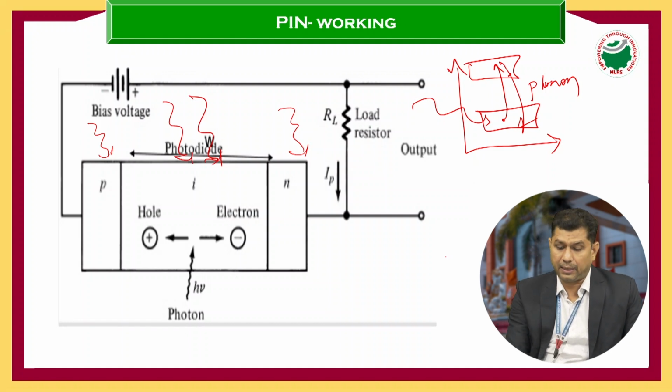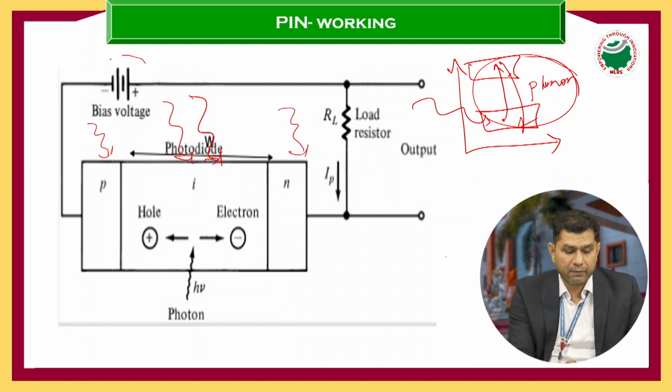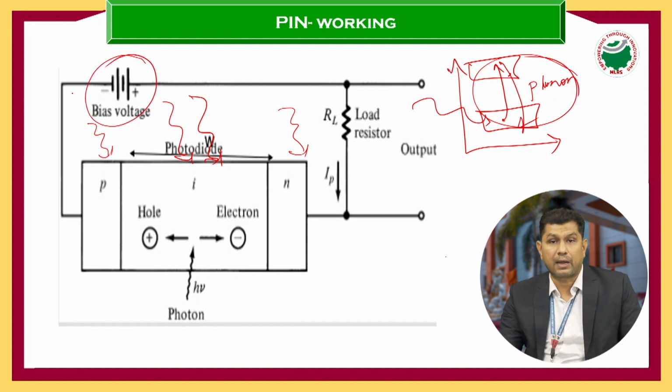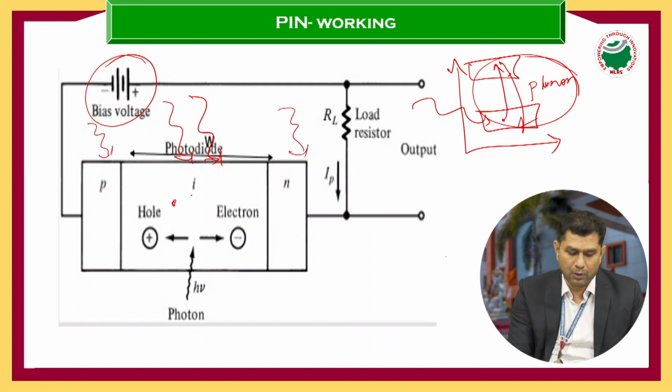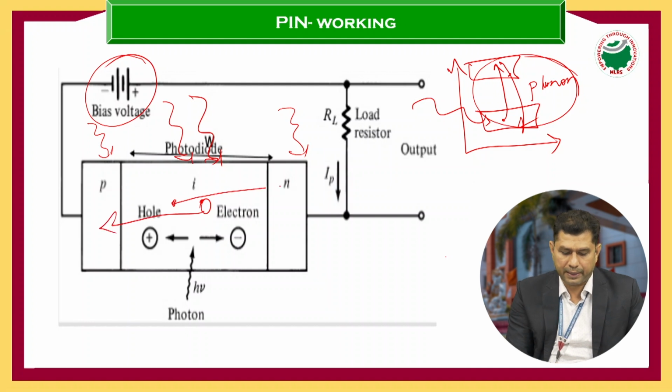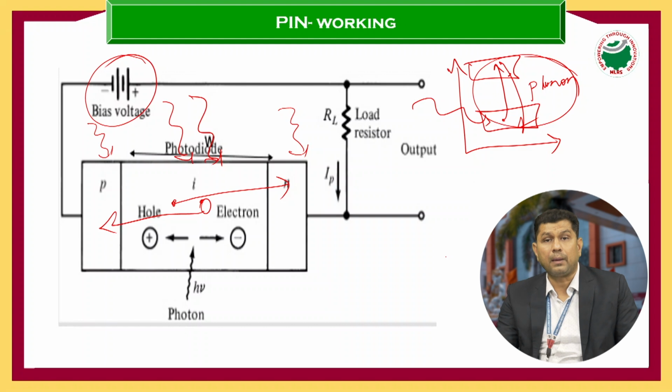In the intrinsic layer, before recombination, the reverse field we are applying separates the electron and hole pairs. In this manner, we can detect the light incident on the pin.